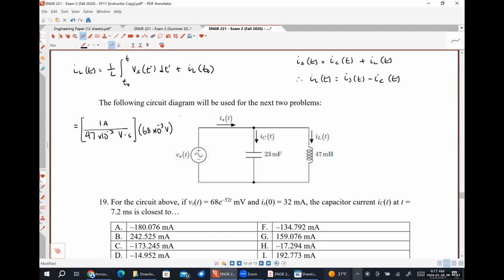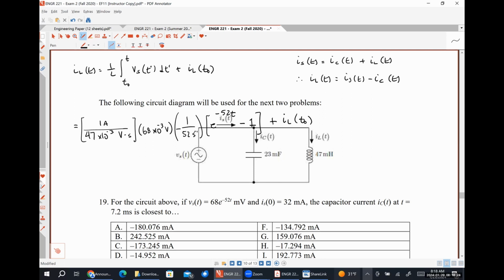And then I'm going to have the integral of e to the 52t, which is going to pull out a factor of 1 over negative 52 per second. And then I'm going to have e to the negative 52t minus 1, plus IL at T naught, which we don't know.